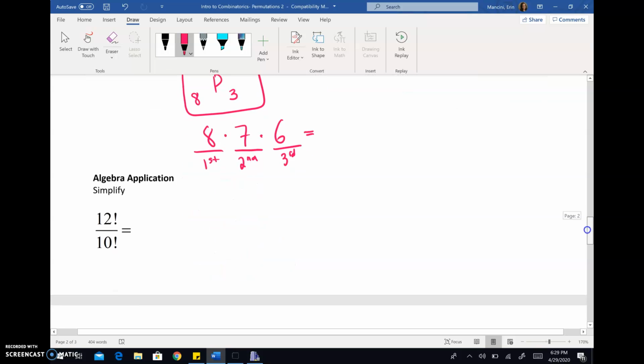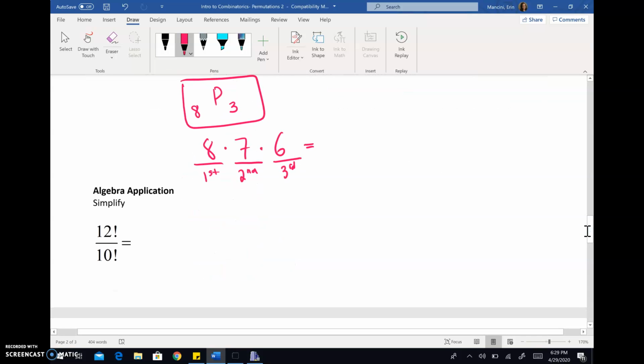Okay, so I just want to show you that example from before, how you could do it in 2 different ways. I can also give you some algebra applications just to practice what a factorial is. You may see some of these with variables, numbers, we'll build up to that. But again, I just want you to remember a factorial is just multiplying that number decreasing by 1 all the way to 1. So I'm actually going to write this whole one out.